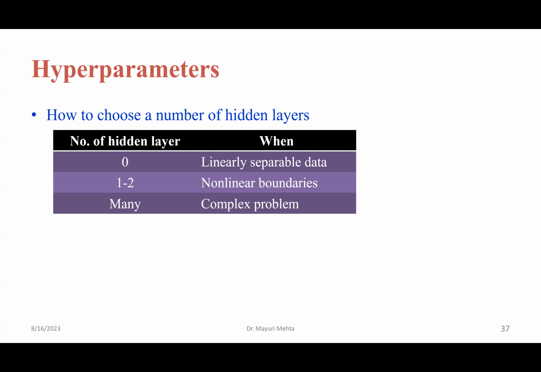Overfitting we did not discuss in the last class, so today I shall discuss what overfitting is. If you increase the number of hidden layers to learn more complex relationships in data, it also increases the risk of overfitting.